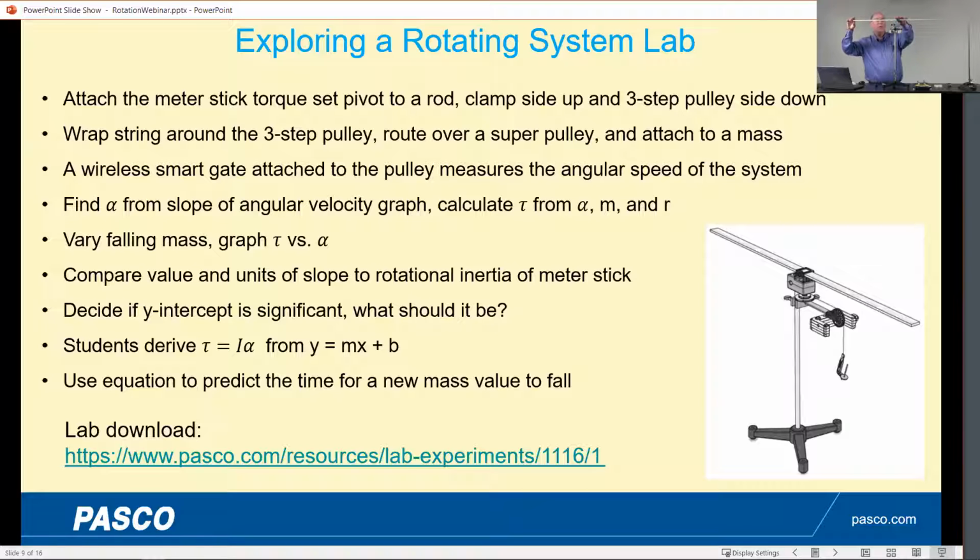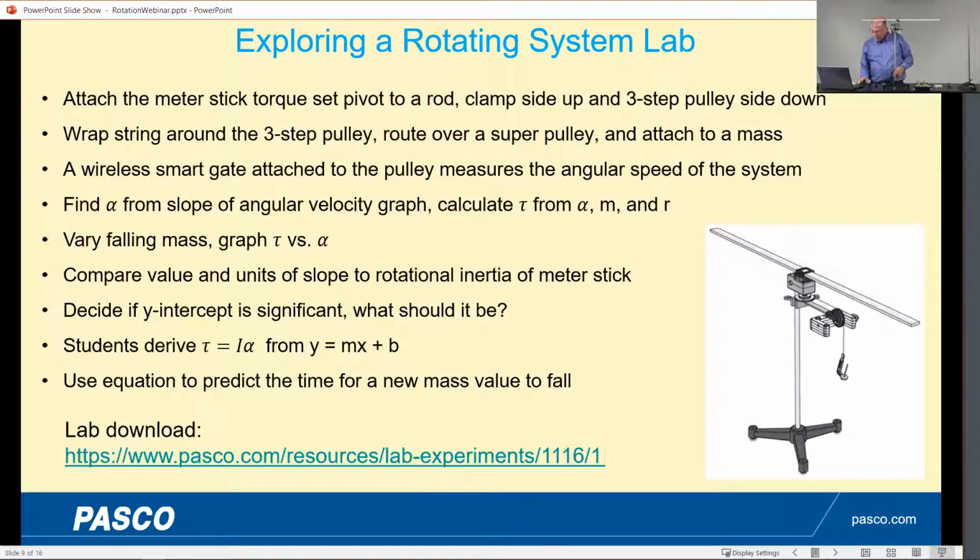So indirectly, the angular velocity of the pulley is the angular velocity of the meter stick. If I get the slope of angular velocity versus time, I get the angular acceleration. It's a pretty common lab, with all kinds of ways to do it. This one works really well.